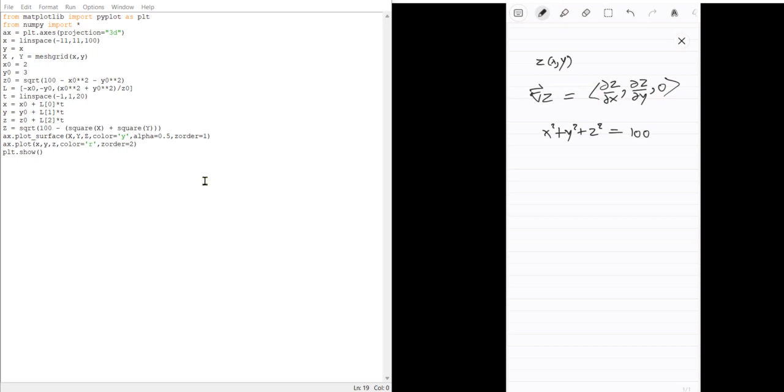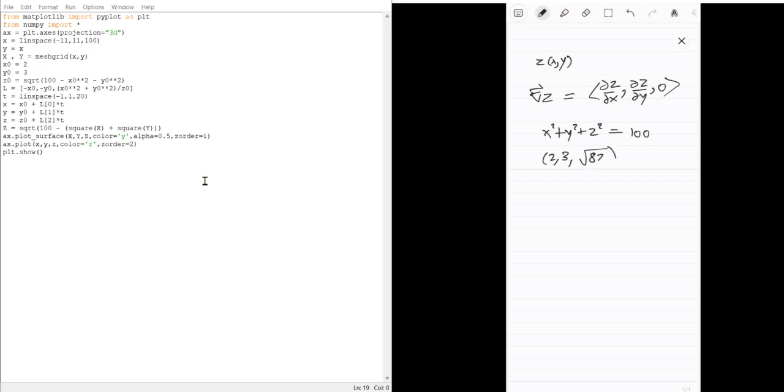And we want to figure out a tangent to this surface at x naught equal to 2, y naught equal to 3, and z naught equal to, well, whatever this is, like square root of 100 minus 13, which is like 87.